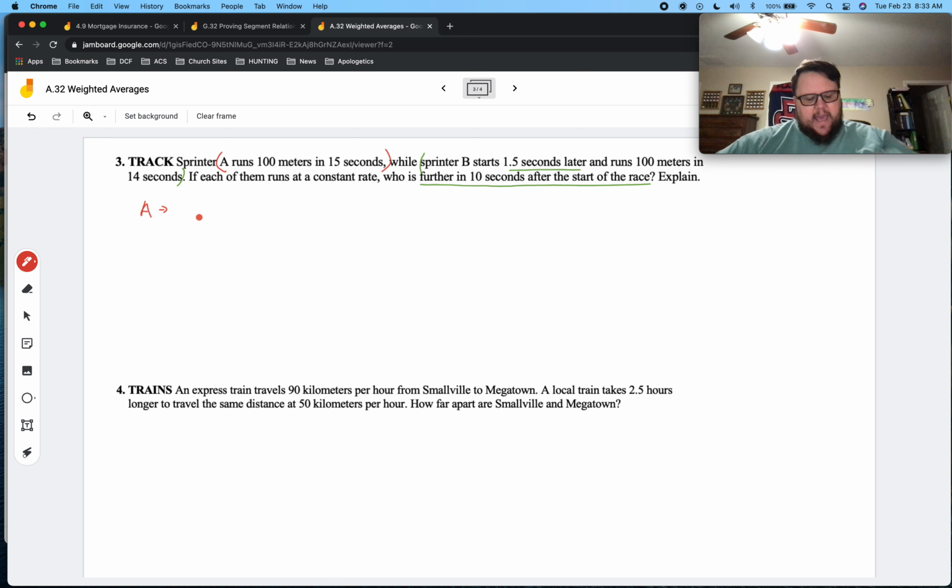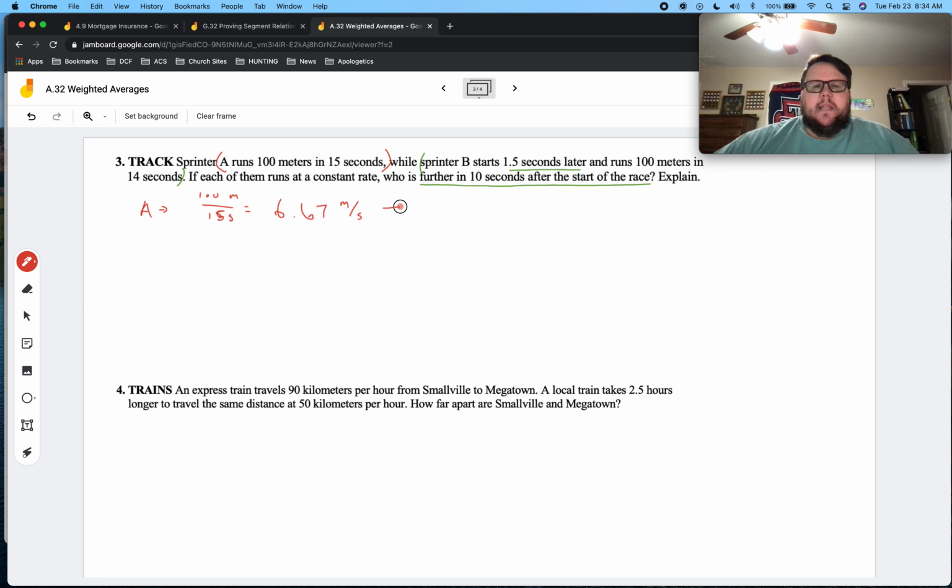So let's get Sprinter A's speed. 100 meters in 15 seconds, which equals 6.67 meters per second. All right.